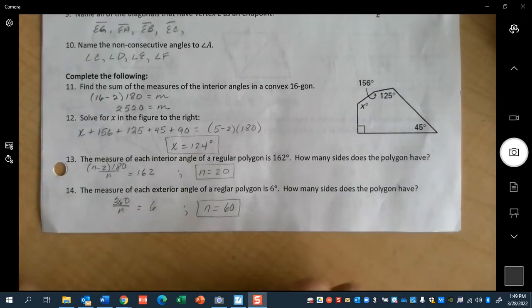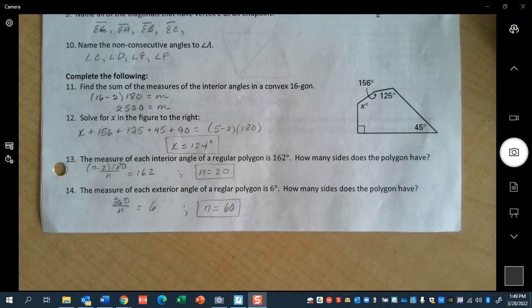11, 12, 13, 14, when we talk about finding the sum of the interior angles, because it's a 16-gon, 16 minus 2 times 180 is my total number of degrees.